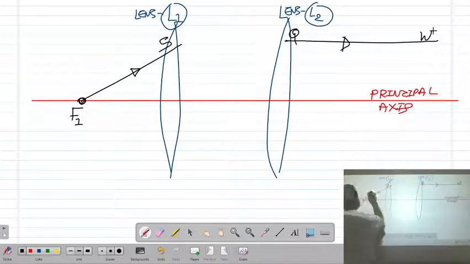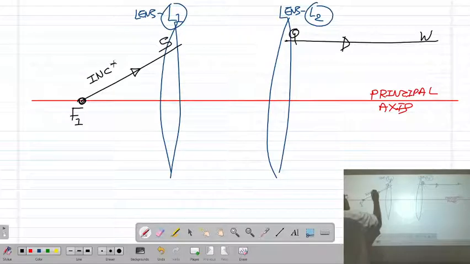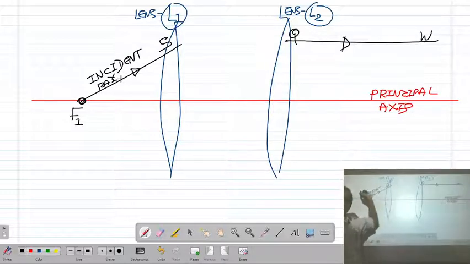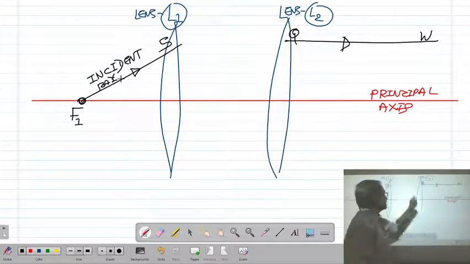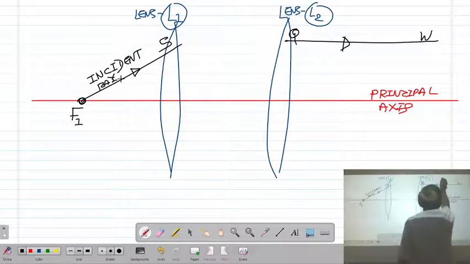So F1S is the incident ray, incident on the first lens. This ray undergoes refraction in the lens system. After refraction, it emerges in the direction QW. So QW is the emergent ray.